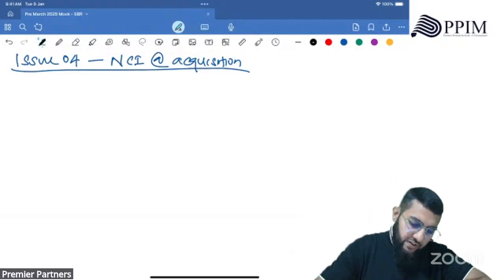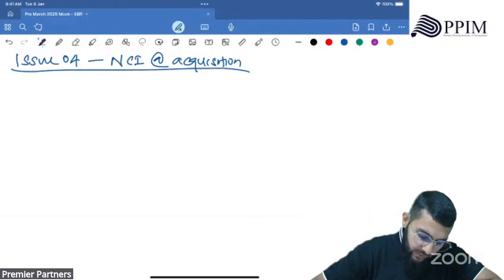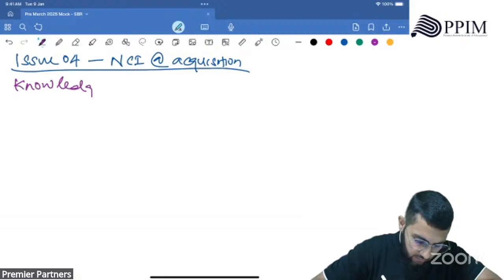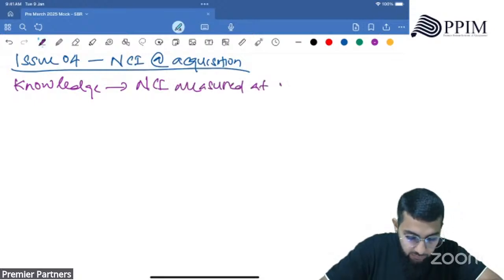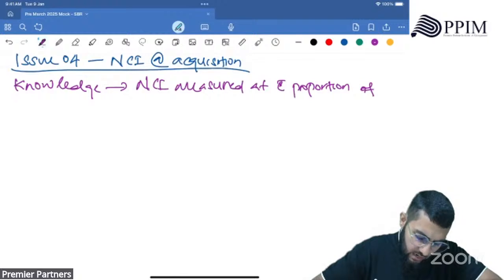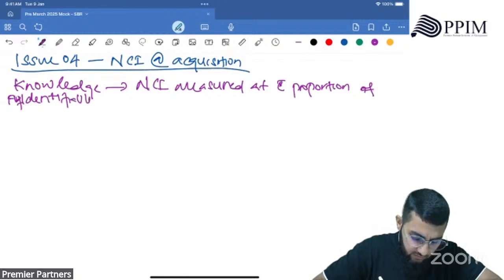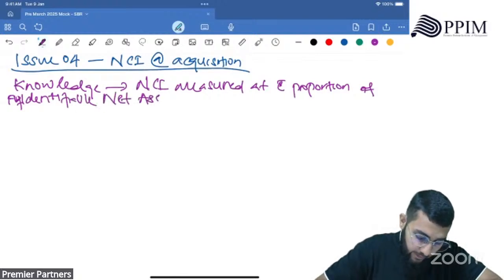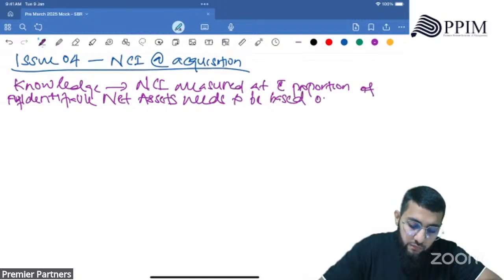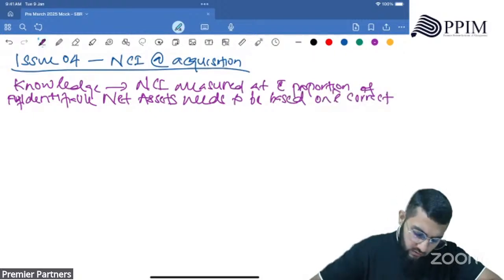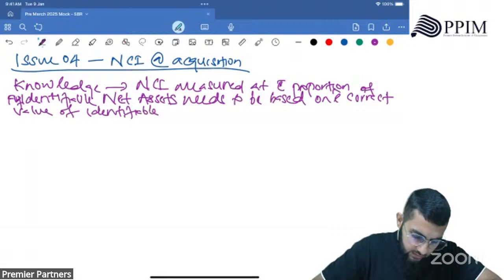Now here, the knowledge part that you can bring in: NCI measured at the proportion of identifiable fair value of identifiable net assets needs to be based on the correct value of identifiable net assets fair value.